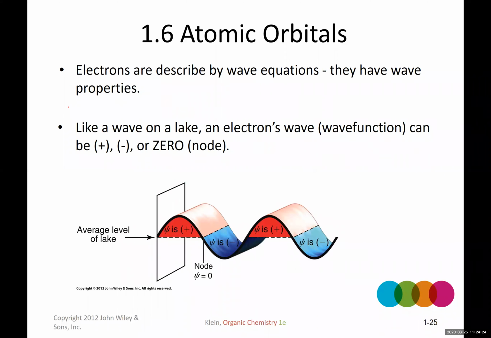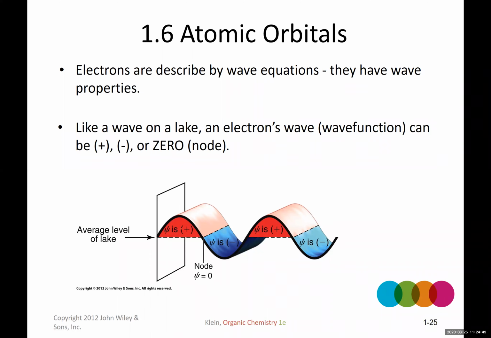As I indicated, electrons were shown to have wave-like properties, just like a wave on a lake or a sound wave. This here depicts it as a wave on a lake or in the ocean. You see the wave: part of the wave is above the surface.